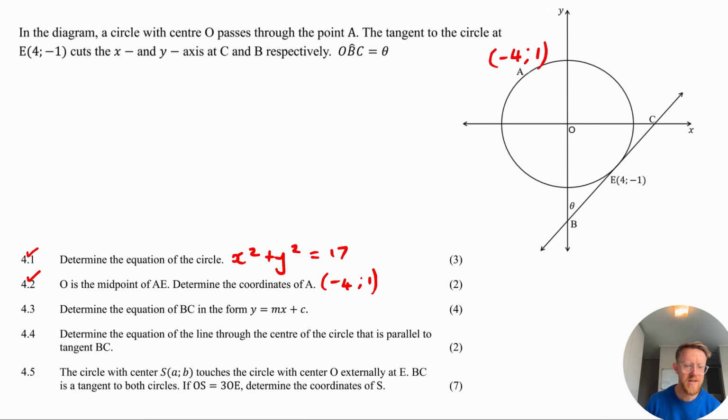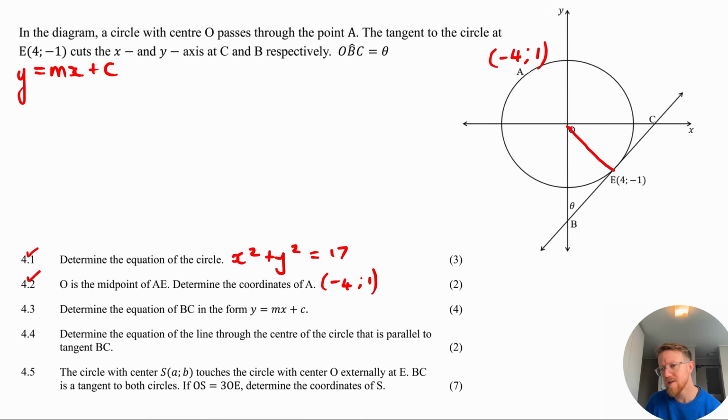Okay, this question says, determine the equation of BC. So this is really easy because here we have a line and we know that it's a tangent. But first of all, let's just remember that it's a line, so we can say y equals mx plus c. Now, we know that a tangent is always perpendicular to a radius.